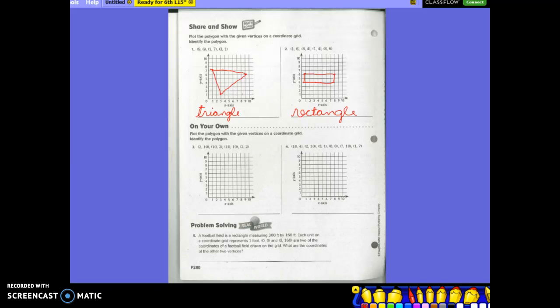What other points could we put? It's going to be 300 feet. So we need to go 0, 300, 0. And we would need to go what else? 160. So we're going to put 300, 160. So they'll be parallel to these points.